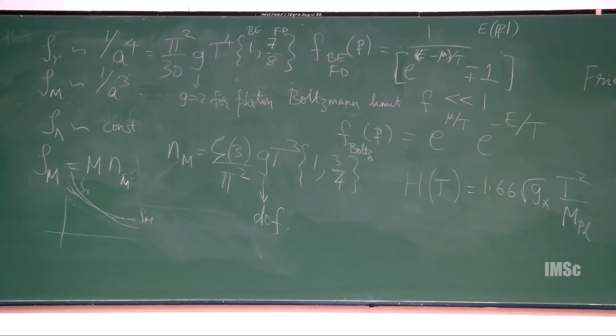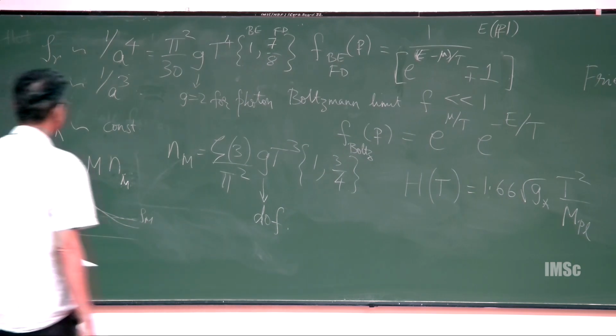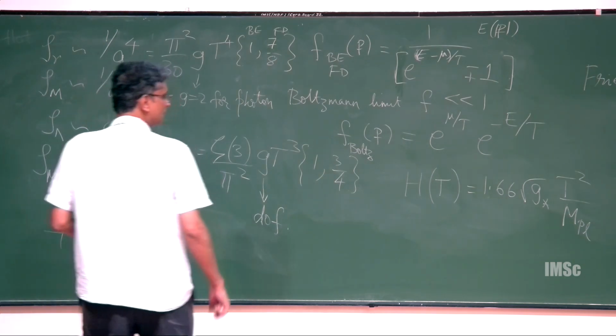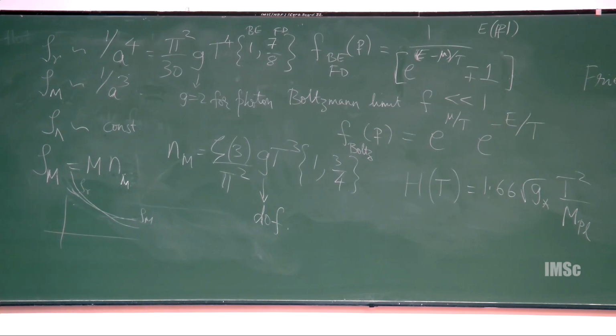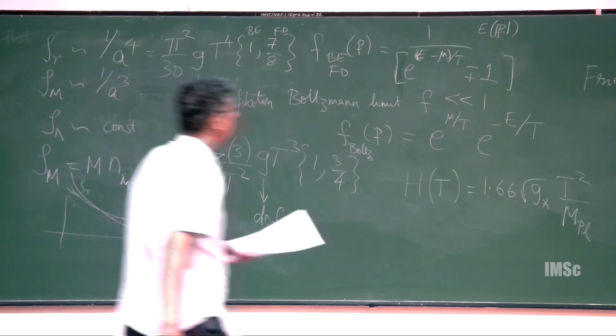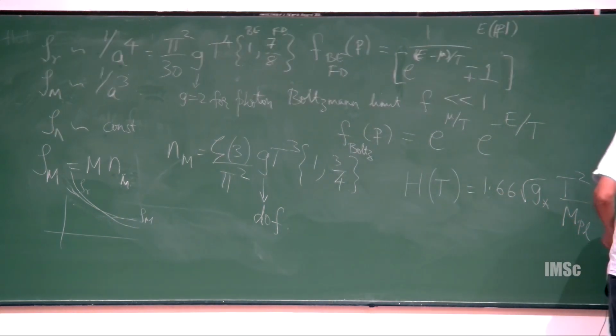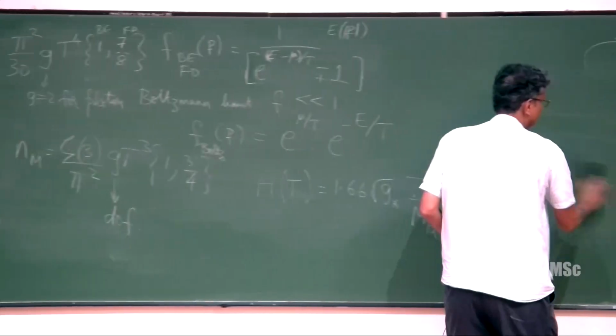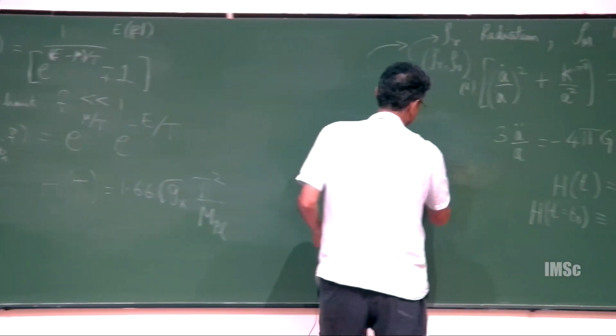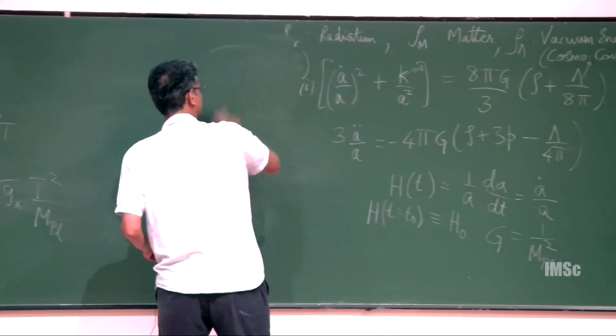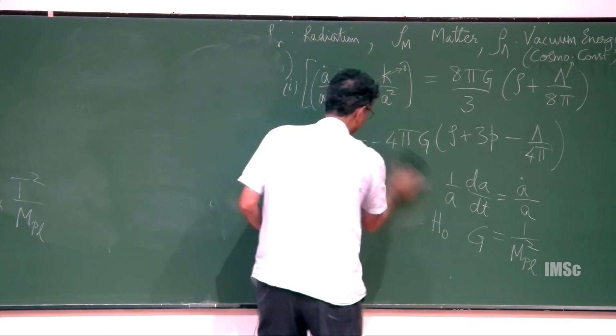Oh, one other thing is, instead of just the n, it's commonly done to keep track of the entropy. One can write down expressions for the entropy density. So if you have a gas, it has some entropy.